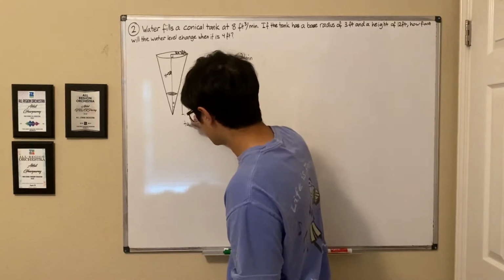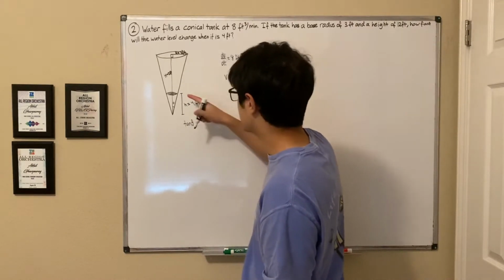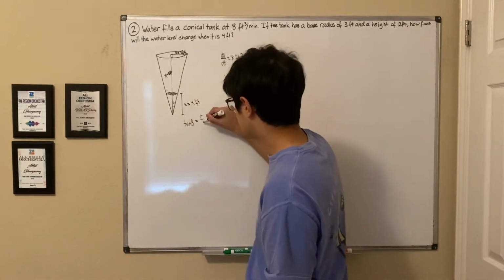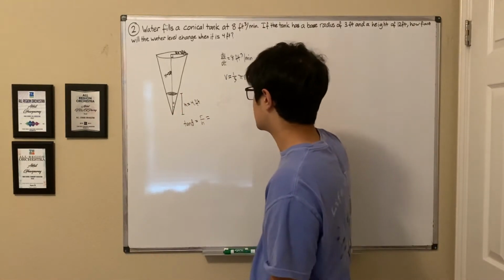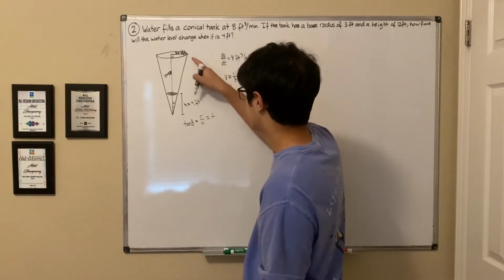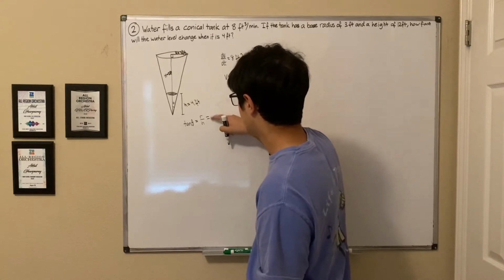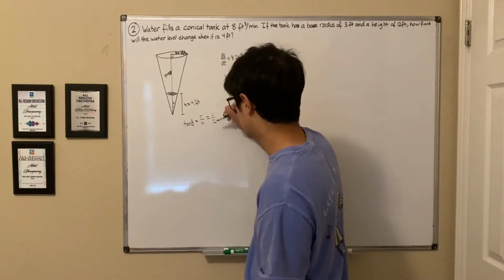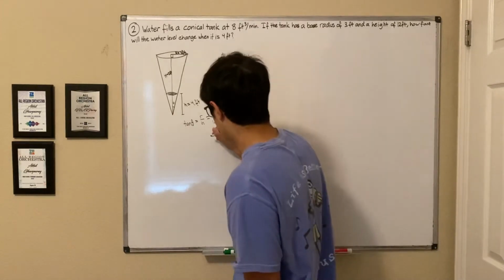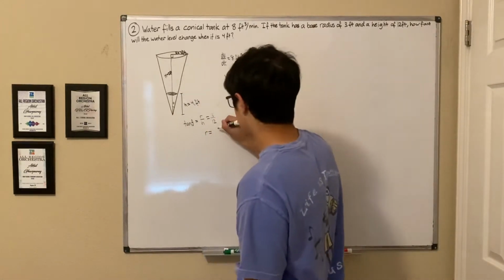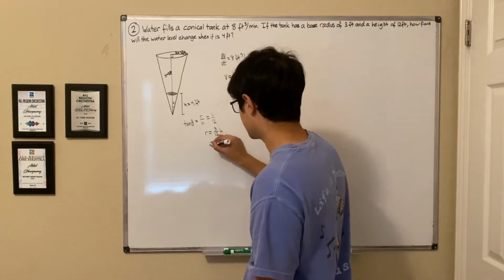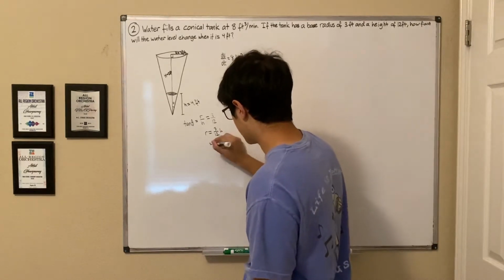Tangent theta is equal to this unknown radius over this given h, which is equal to 3/12, or 1/4. So, let's multiply h on both sides. So, r is equal to 3/12 times h, which is equal to 1/4 h.